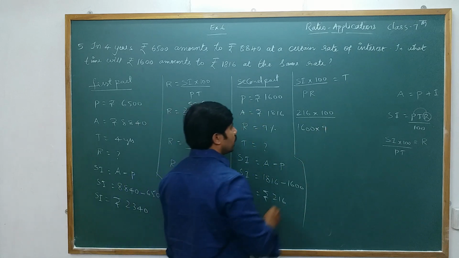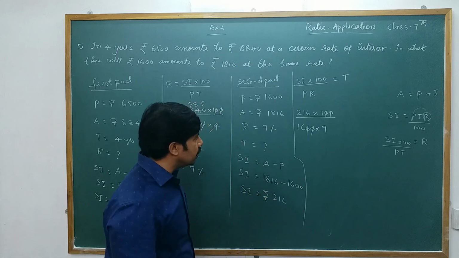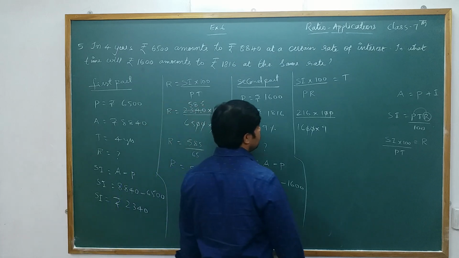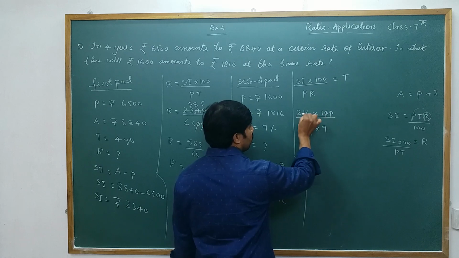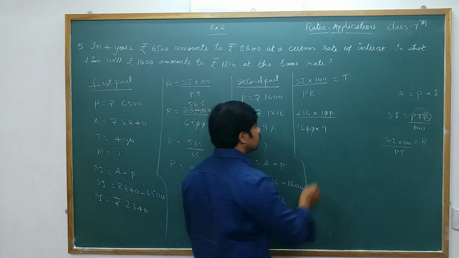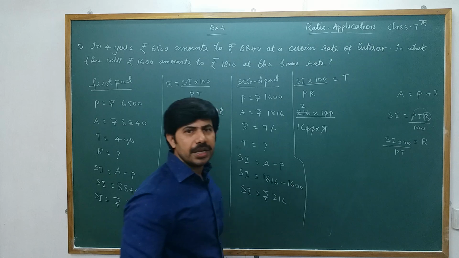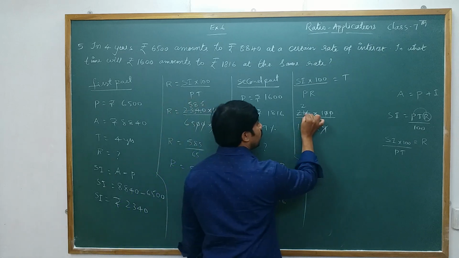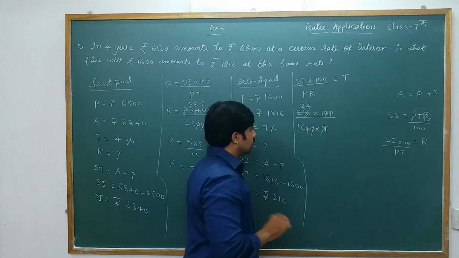Here the zeros we will eliminate. After eliminating, we have 216 and 9. The sum of the digits of 216 is 9, so it goes in the 9 table. 9 twos are 18, 21, remainder 3. 9 4s are 36.